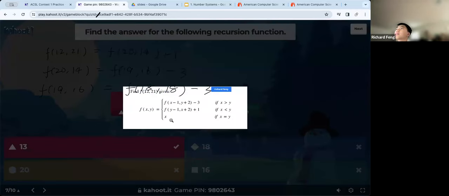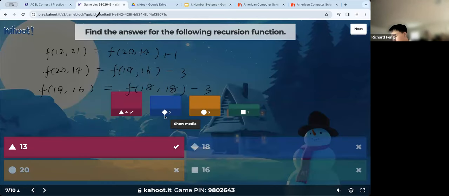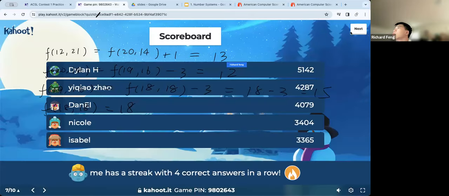And then if x and y are equal, then we just output x, which is the same as y anyways. So f of 18 comma 18 is just 18. So this would be 18 minus 3, which is 15. This would be 15 minus 3, which is 12. And f of 12 comma 21 would be 12 plus 1, which is 13. So the answer is 13.